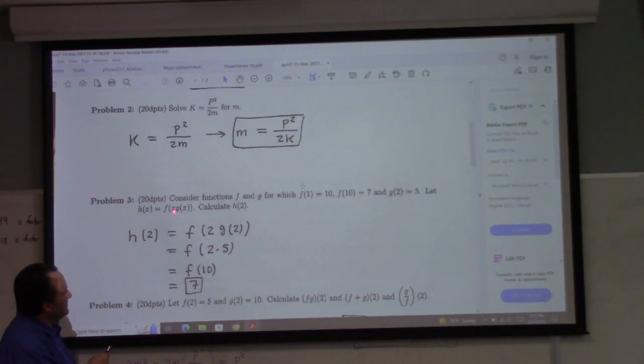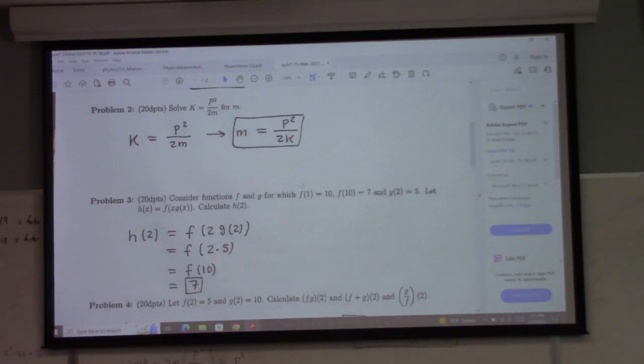If I plug 2 into it, we get f of g of 2. But what is g of 2? Well, that was given to us to be 5. So f of 5, what is f of 5? Well, f of 5 was given to you to be 7. So the answer is 7.